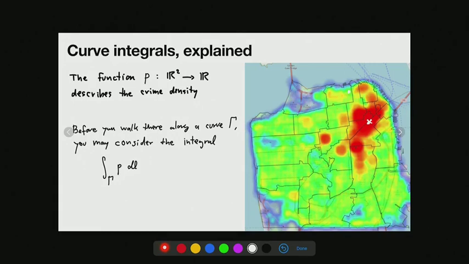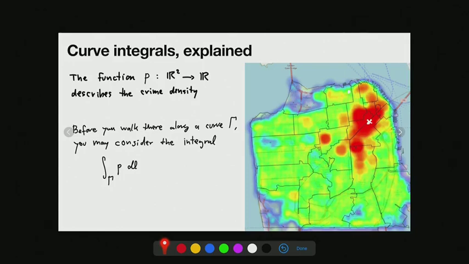Okay, you need to find some path going from the starting point to the end point. What is a good path to walk? I'm not saying that you walk in San Francisco, but let's pretend that you walk. Let's say we got a function p that models the crime density.